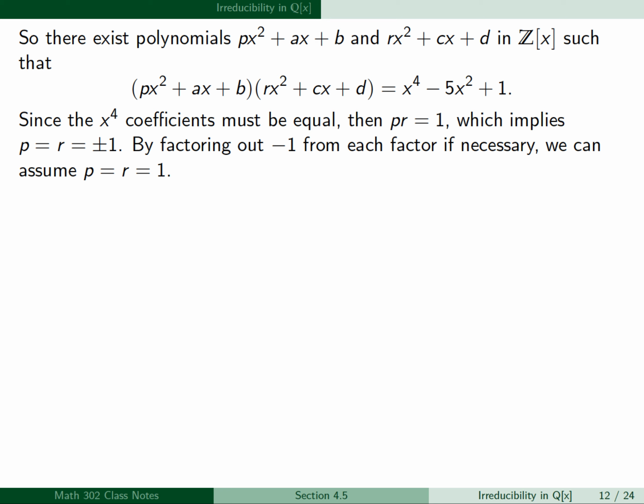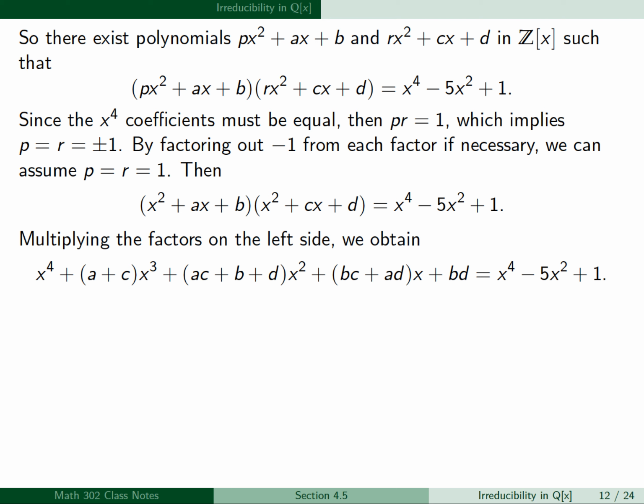Now, by factoring out minus 1 from each factor, if necessary, we can go ahead and assume that both p and r equal 1. And so then we obtain the equality x squared plus ax plus b times x squared plus cx plus d is equal to f of x. So we can basically assume that our two quadratic polynomials are monic.